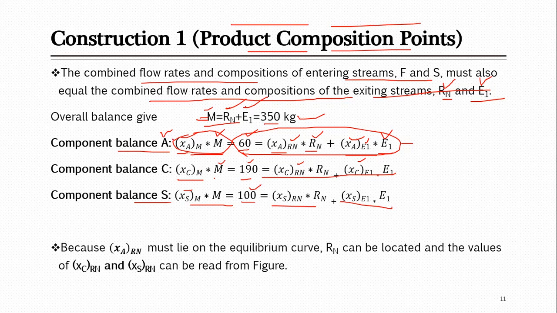So in this system, definitely the carrier and the solvent are distributed into both. But just for example, if this were an immiscible system, which terms would be omitted? You remember that in an immiscible system, the carrier will be only part of the raffinate and the solvent will only be part of the extract.